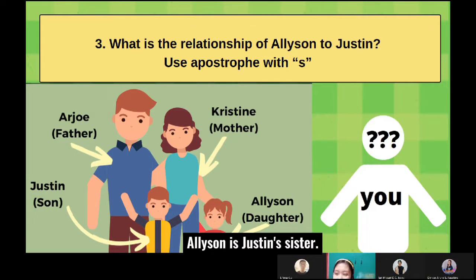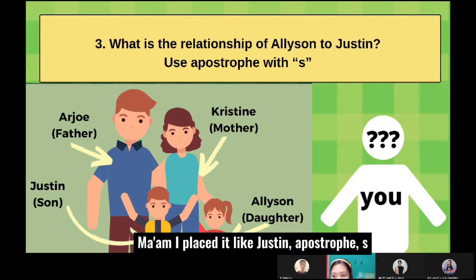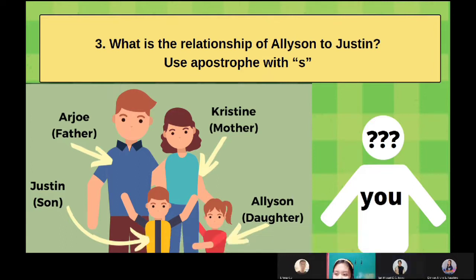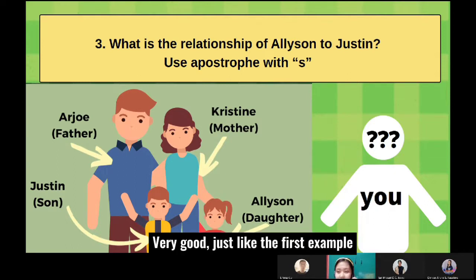Allison is Justin's sister. But Ian, where are you supposed to put the apostrophe? Ma'am, I placed it like Justin apostrophe S po. Okay, Justin apostrophe S. Very good. Just like the first example.